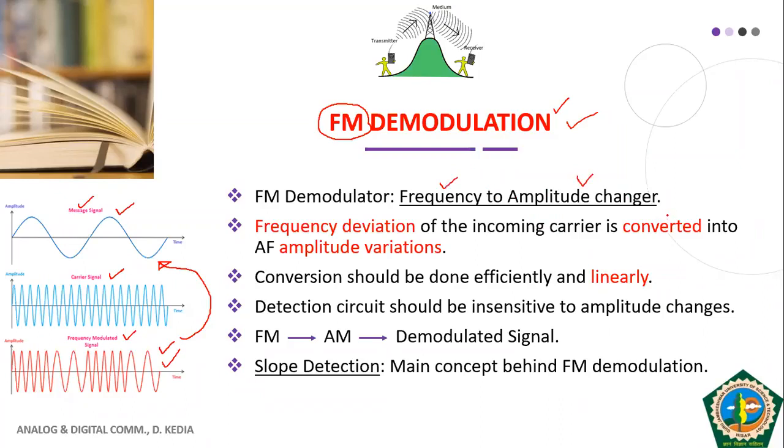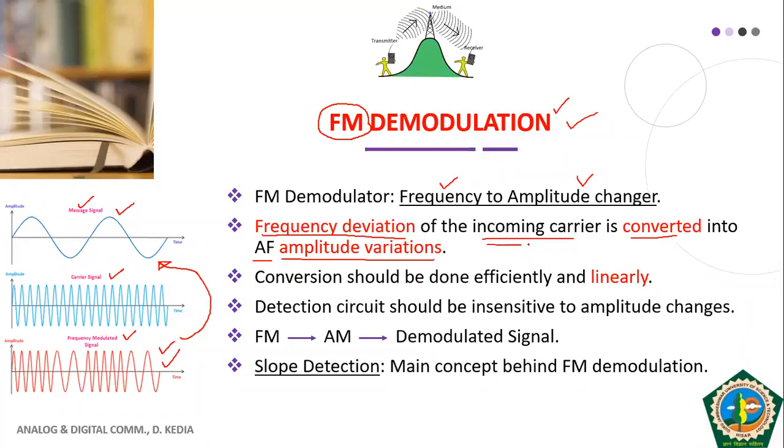So that's why your FM demodulator can be called as frequency to amplitude changer. So more precisely, if I talk about FM demodulation, it means that the frequency deviation of the incoming carrier is converted into amplitude variation of the audio frequency signal. I hope all of you have been able to understand this.